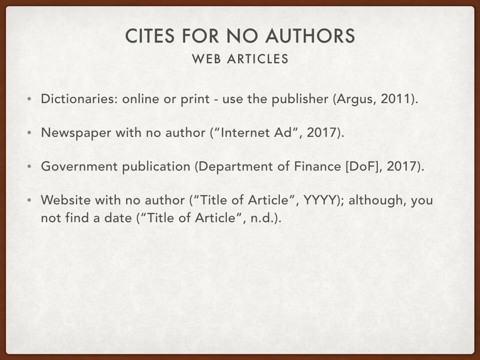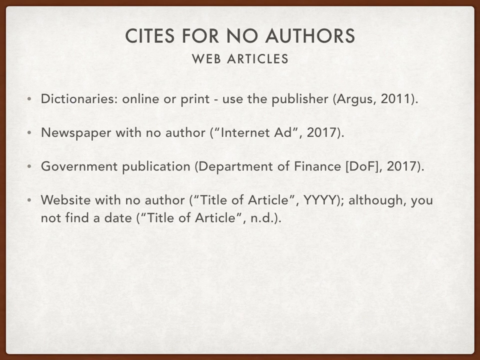So for those types of citations, then you're going to use the publisher and the year. So, Internet of Things is defined by a billion things being connected to the internet. You want to state the publisher, the year, because Daniel Webster may define Internet of Things a different way.